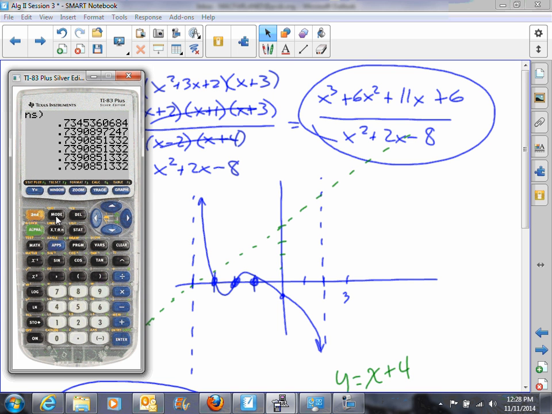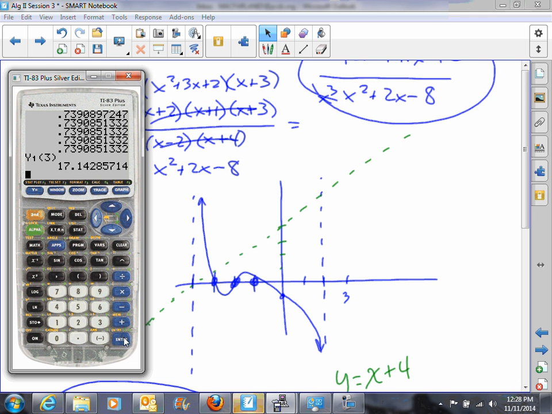Now, if I ask for y1 of 3, I get 17. So for 3, we're up here at 17.